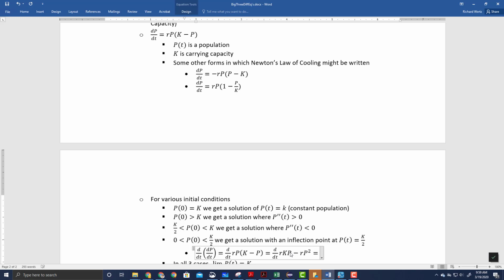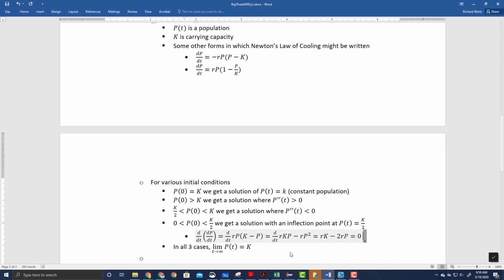And that's a simple quadratic. The derivative is going to be RK minus 2RP. And if we set that equal to 0, we can solve for P. So let's do that.